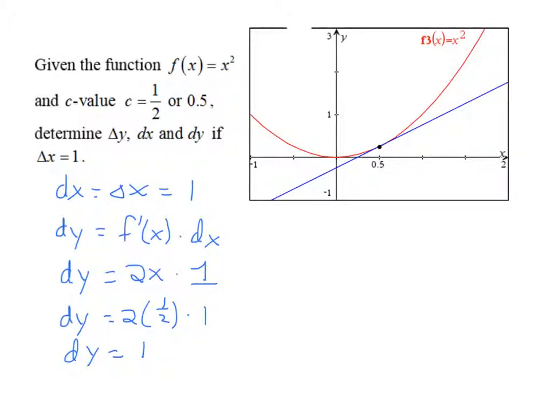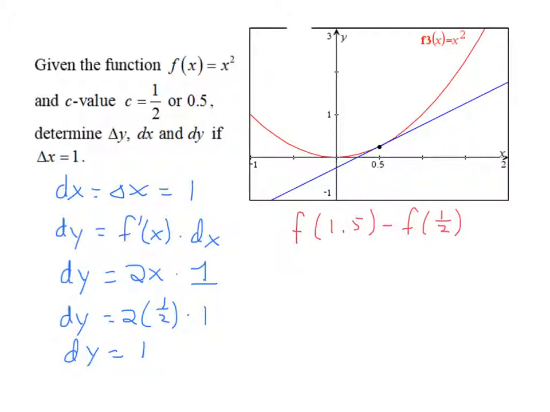And finally, to get delta y, if we're starting at 1/2 and we move ahead by 1 unit, then we need f of 1.5 minus f of 1/2.